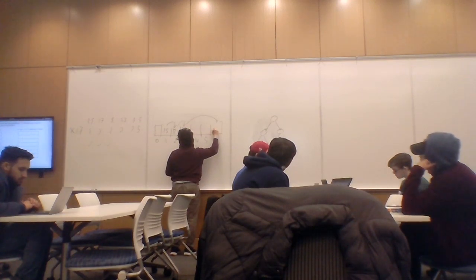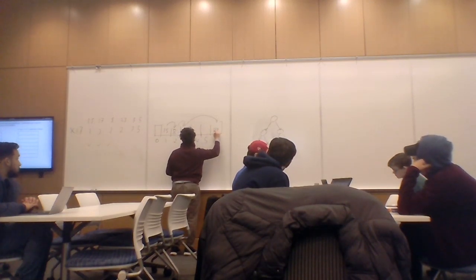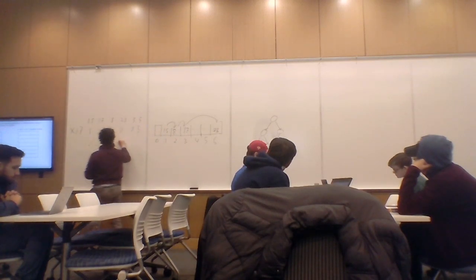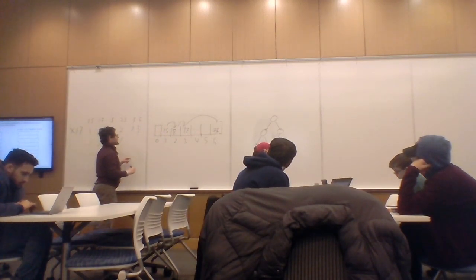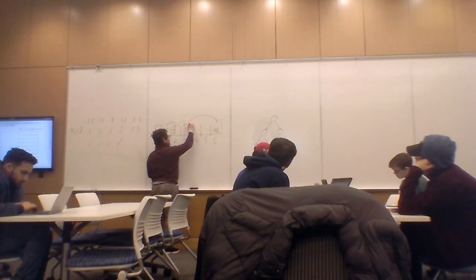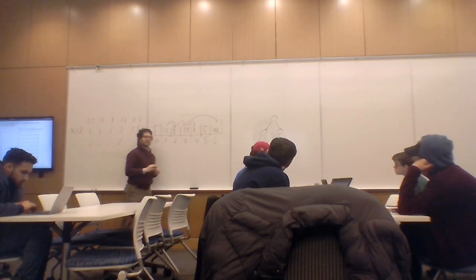So we're going to put 23 over here. And incidentally, 3 only has 1 collision to deal with. And then we can drop 5 right over here, the next 5.